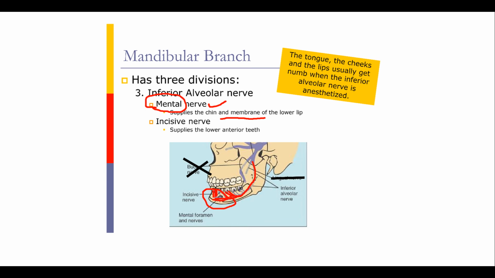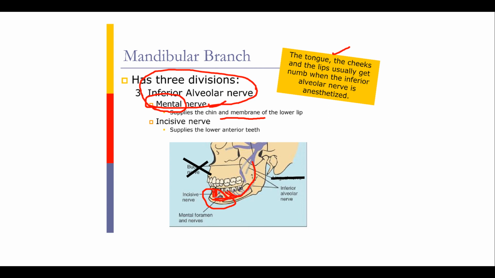With the mandibular branch, just make sure you know, with this inferior alveolar nerve, the tongue, the cheeks, and the lips usually get numb when the inferior alveolar nerve is anesthetized. So if you've ever had dental work done and you've had a filling on your lower teeth, usually that is when you're going to feel like your tongue and your lip and your cheeks are all numb.